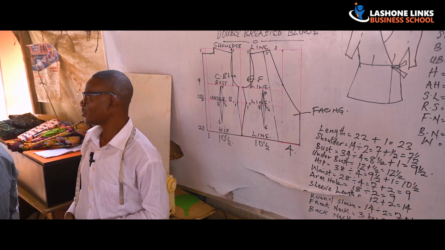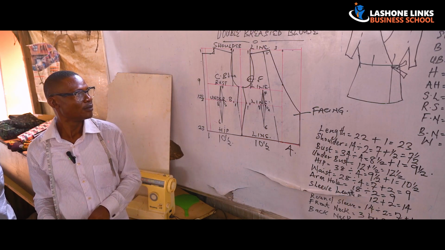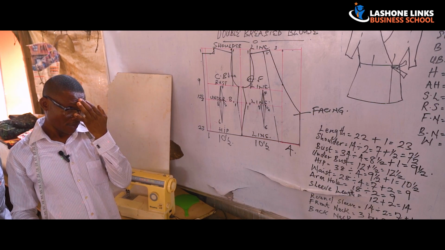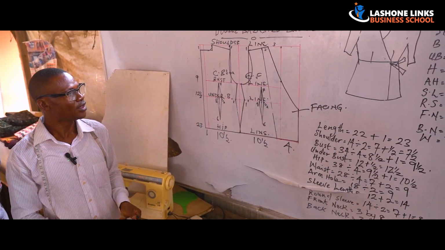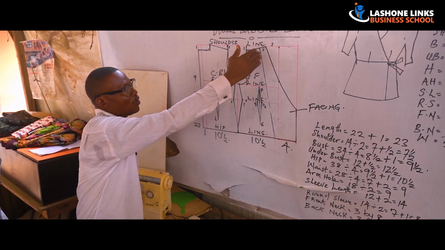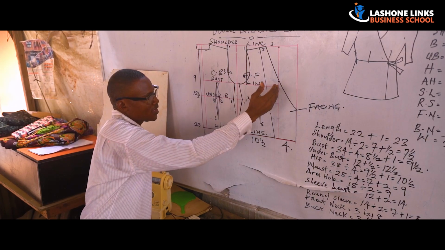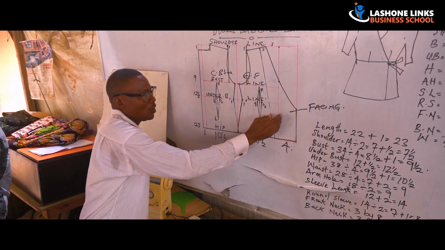Sir, what about if we are not using facing and want to put lining? Are we going to place the fabric on that lining? Yes, it's still the same thing. If you want to put a lining, you have already cut this one. If you cut the back, you will still cut from here to this place. You will not have this one.